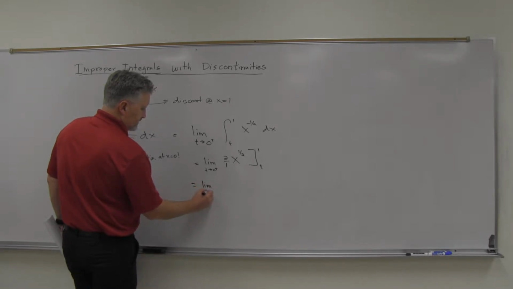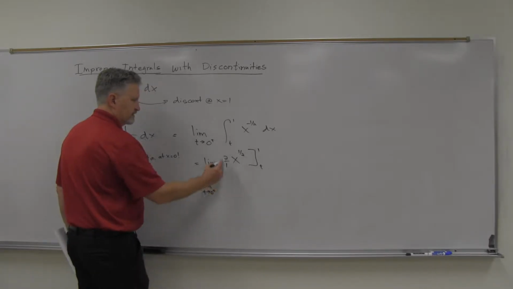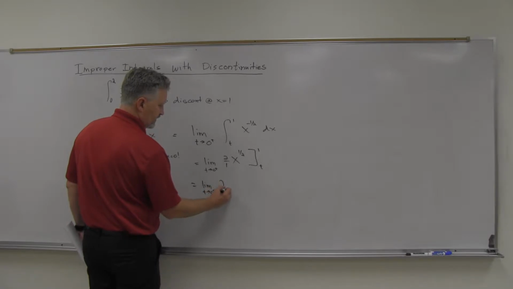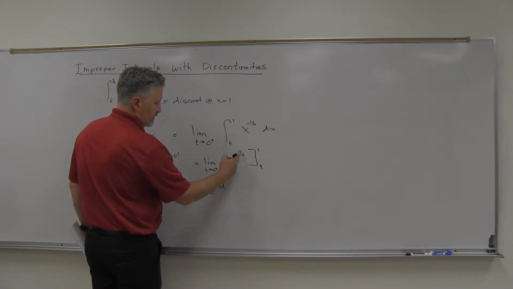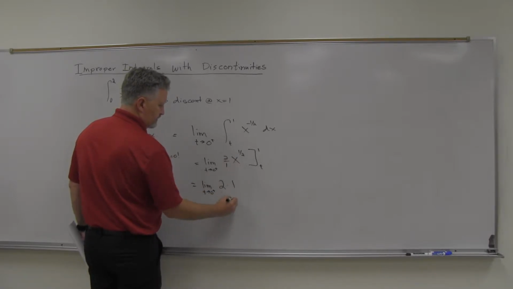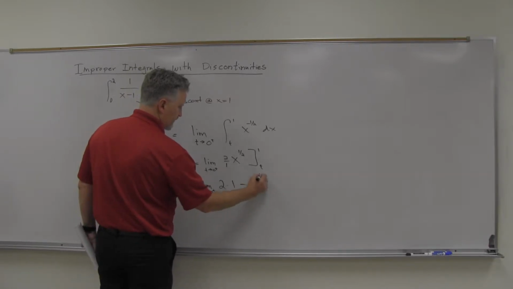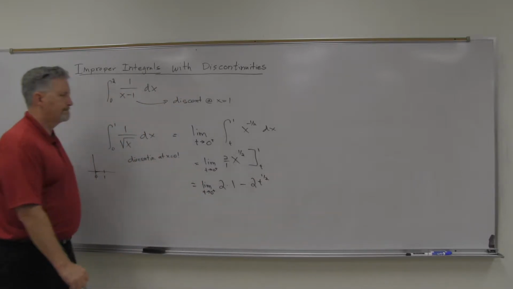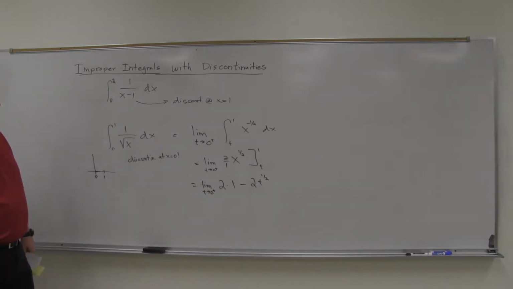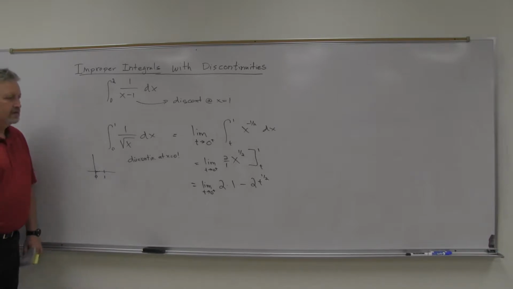So that's the limit as t goes to 0 from the right. Plug in the 1, we get 2 times 1 to the 1/2, so that's just 2, minus 2 t to the 1/2. Some of them, like I said, are easier than others.